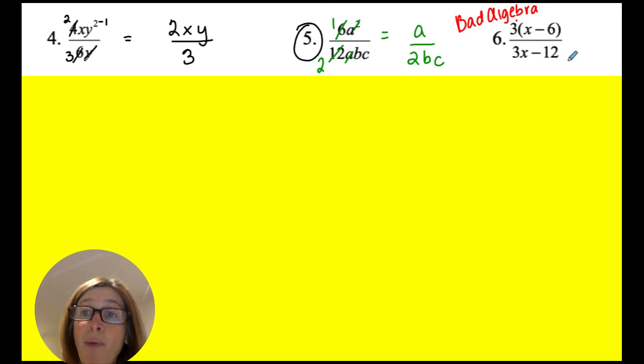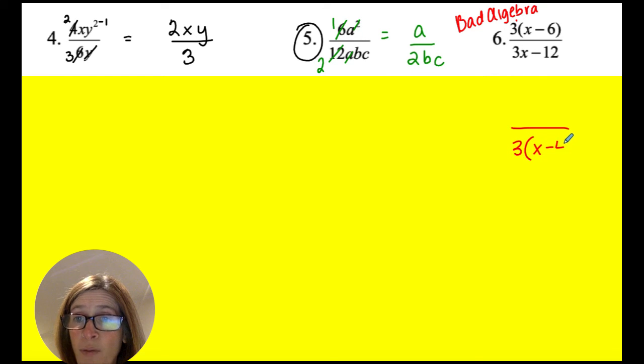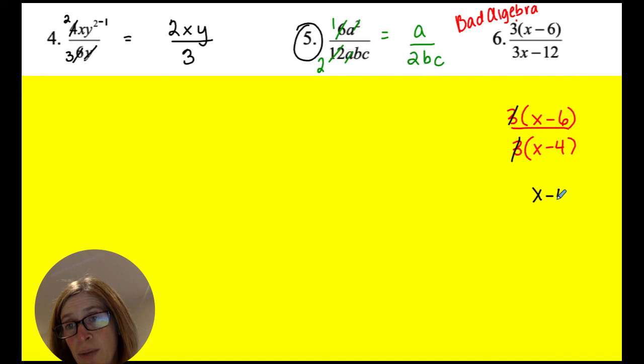So how could I do that? Well, I could factor the bottom. That would give me 3 times x minus 4. And now I have a 3 and an x minus 6 in the top. While the x minus 6 and the x minus 4 can't be simplified, I've made it so that I can simplify the 3's, leaving me with x minus 6 over x minus 4.